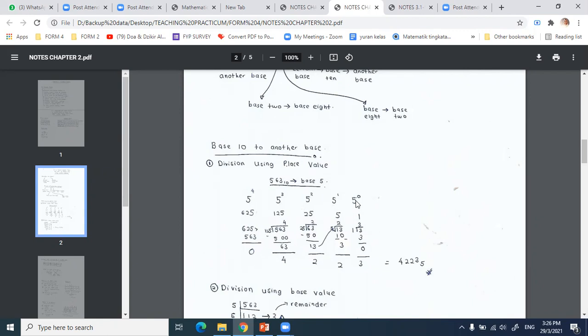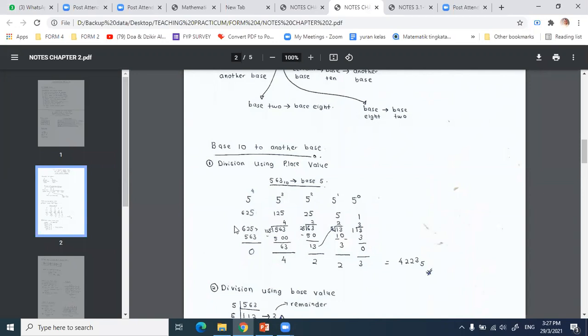Okay, 5 to the power of 0 will become 1, 5 to the power of 1 is 5, power of 2 is 25, power of 3 is 125, power of 4 is 625. Next, we have to divide 563, which is the question just now, with the place values.